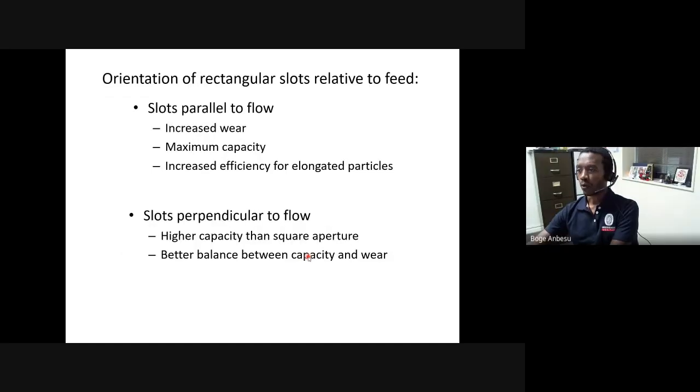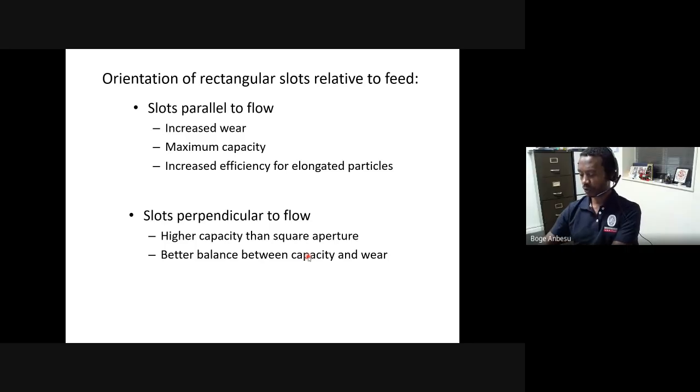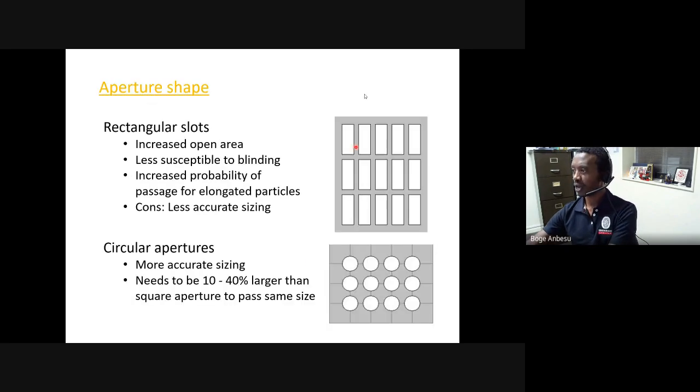Again, how do I orient them? If I have, for example, rectangular shaped openings, you can use them, as I said, for elongated particles because it gives you a larger efficiency. If screening was done this way, then I also increase the capacity of, for example, a rectangular screen.